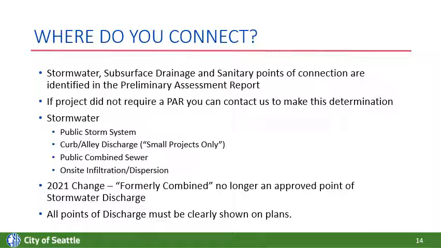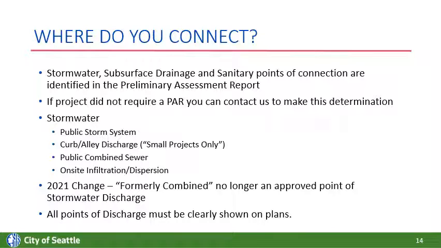Every project varies. It varies depending on the area of the city that you're in, the size of your project, and the available infrastructure in the property frontage. So it really depends on the project and the location of it. For stormwater, it is going to be either the public storm system, curb or alley discharge, public combined sewer, or on-site infiltration or dispersion.